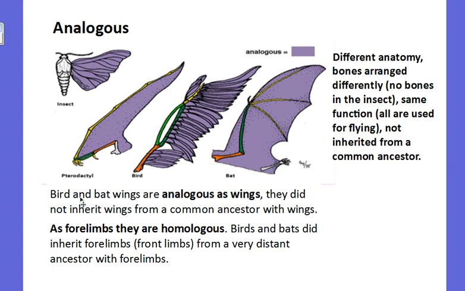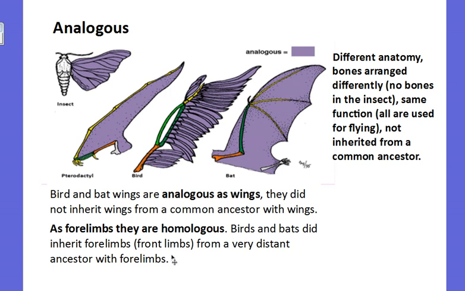And it can be a little tricky because the bird and the bat wings are analogous as wings. So birds and bats, they didn't inherit wings from a common ancestor. But they are homologous as forelimbs. So birds and bats did inherit forelimbs or front limbs from a very distant ancestor with forelimbs.